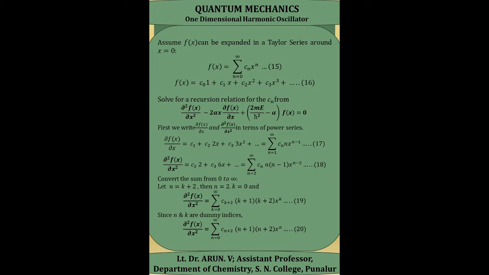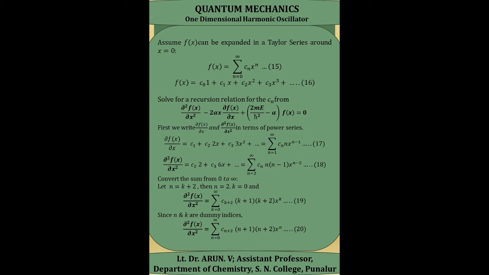So in the next step, convert this sum to run from 0 to infinity, because in the case of a harmonic oscillator, x, that is the displacement, can vary from 0 to infinity. Let n equal k plus 2; then when n is equal to 2, k is equal to 0.